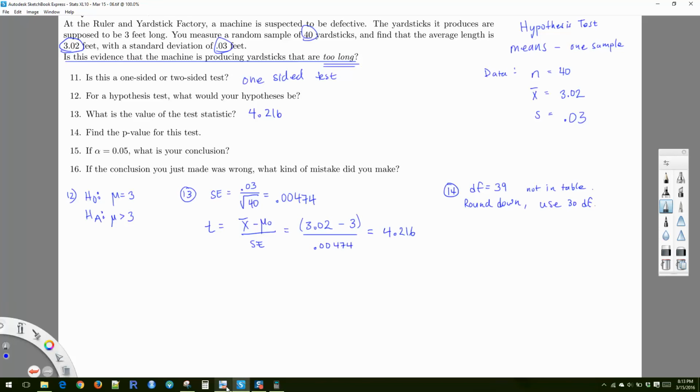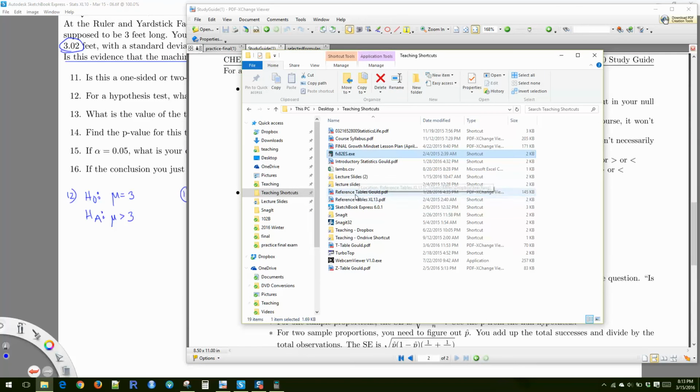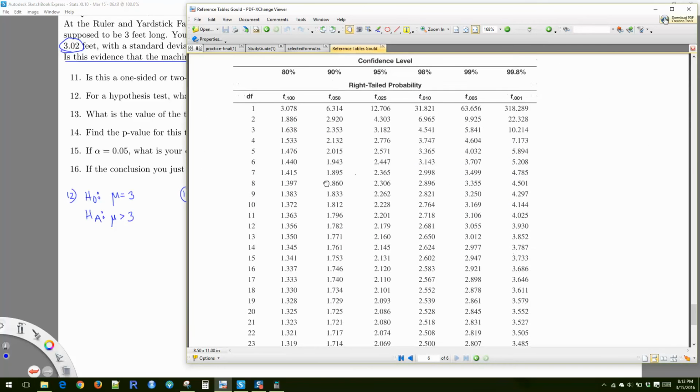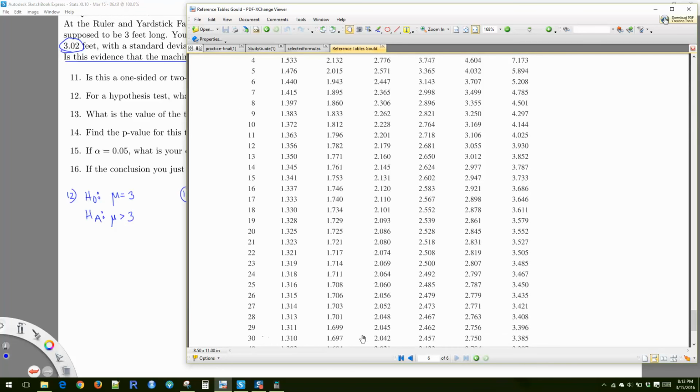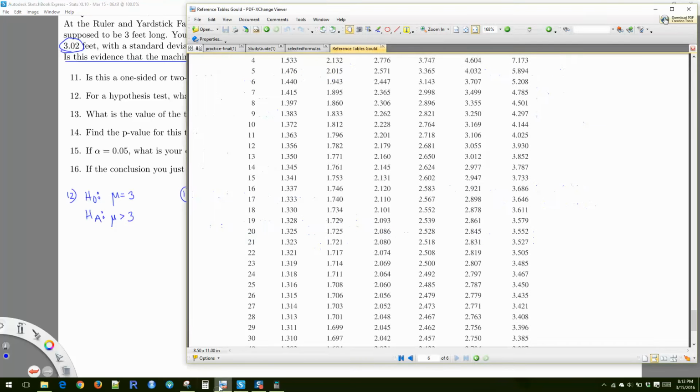So we're going to go to our table, 30 degrees of freedom, and we're going to see where our test statistic 4.216 goes. So 4.216 is beyond the last number in 30 degrees of freedom, 3.385.